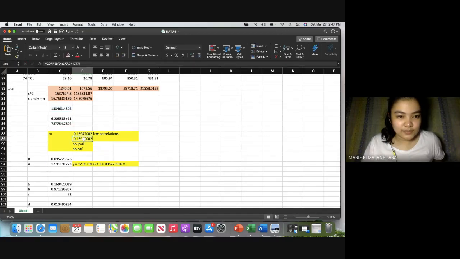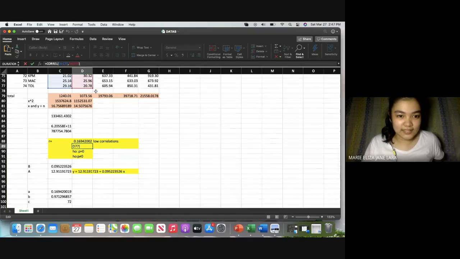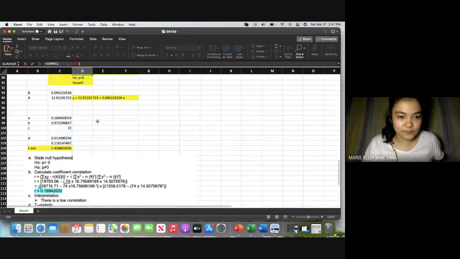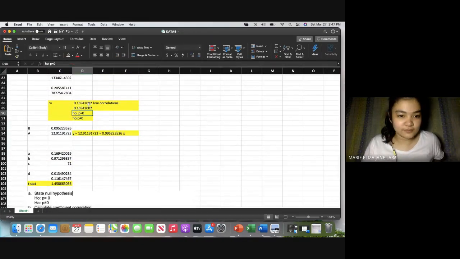And if you want to make your life easier, you just have to type correl and then highlight the data of x and y, and then just press enter, and it's the same. You can never be too sure of your answer, so just check it every time.